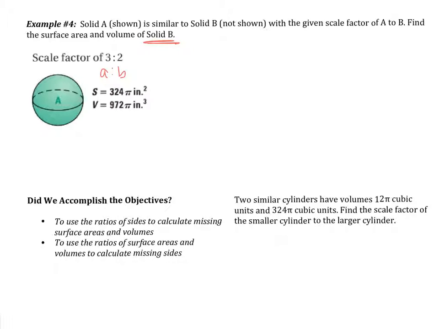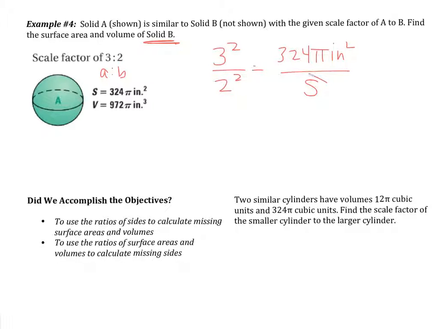So we do the exact same thing. If I want to find surface area, I'm going to do 3 squared is to 2 squared, as the surface area of A, 324 pi inches squared, over the surface area of B. You do the exact same thing.